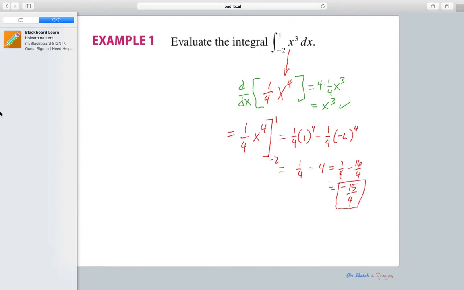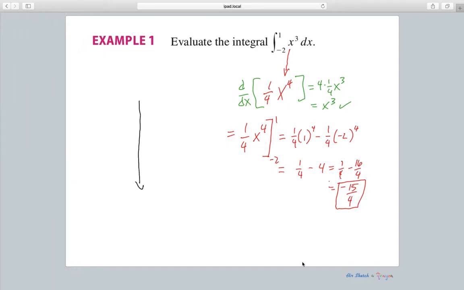Which is fine, because if we think of this derivative in terms of an area, all that means is that there's more area under the curve on that interval, or sorry, under the x-axis than there is on top of the x-axis.